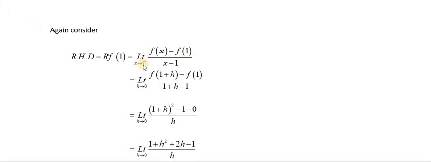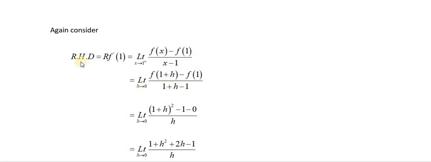Now I am going to change the limit x tends to 1 plus as limit h tends to 0 by replacing x with 1 plus h. So x is replaced with 1 plus h minus f of 1 as it is. In the denominator also x is replaced with 1 plus h minus 1.